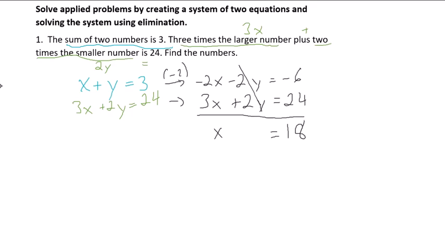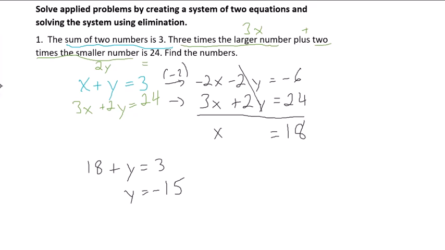Now let's figure out what the smaller number is. Well, we can plug that into the first one. 18 plus y equals 3. So y equals, subtract 18 from both sides, you get negative 15. So 18 is the larger number, negative 15 is the smaller number.